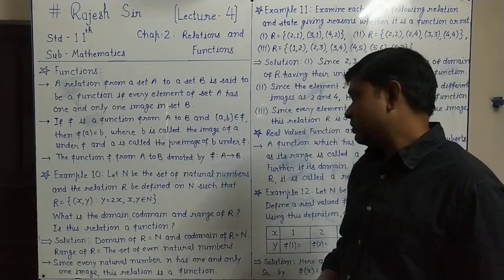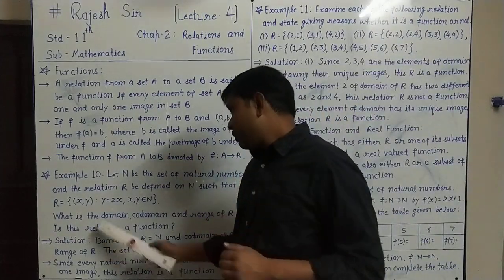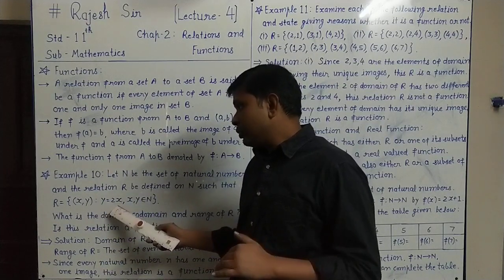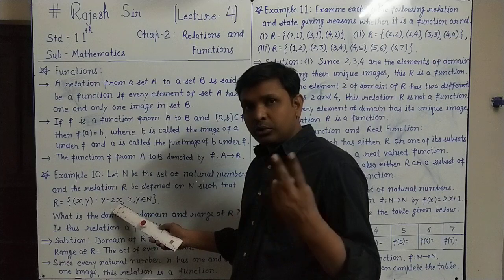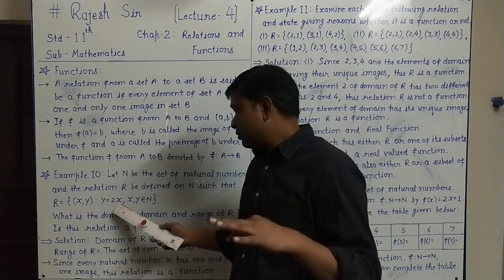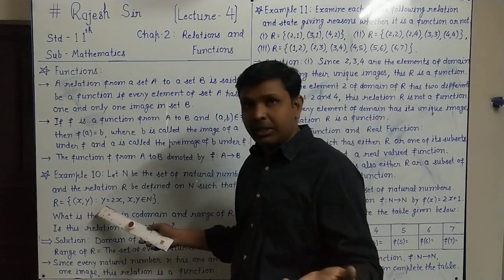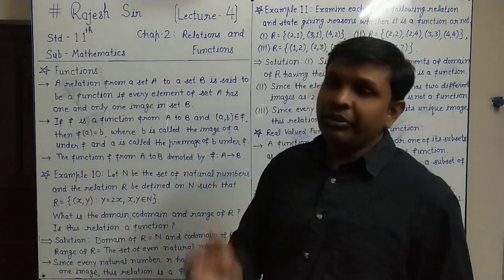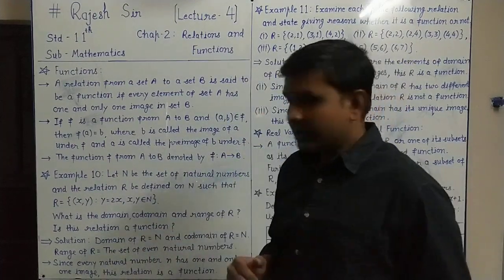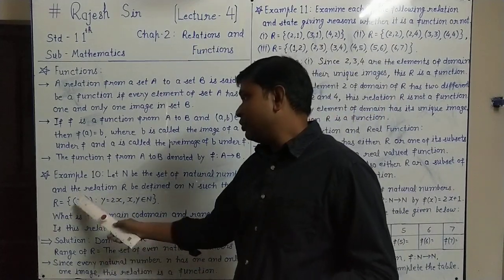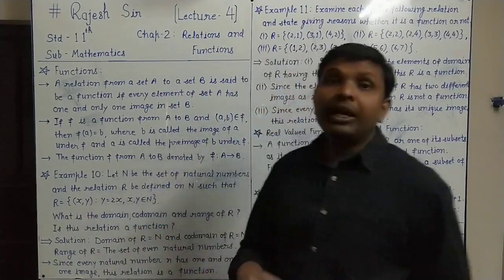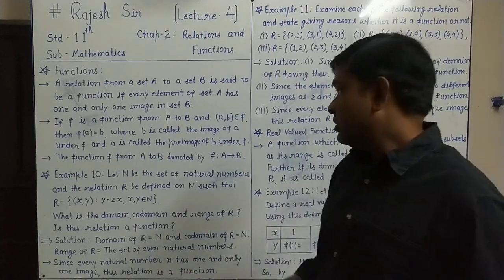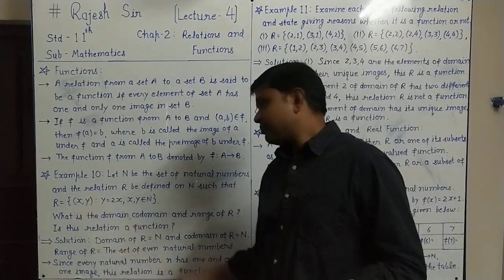Now next, for every element x: if x is 1, its image will be 2. If x = 2, the image will be 4. If x = 3, the image will be 6. If x = 4, its image will be 8. For every element of the domain, that is x, we have one and only one image y.